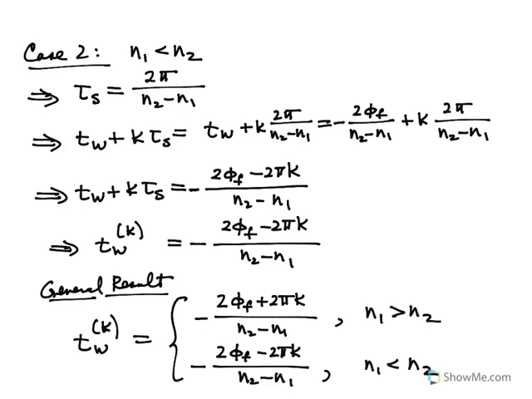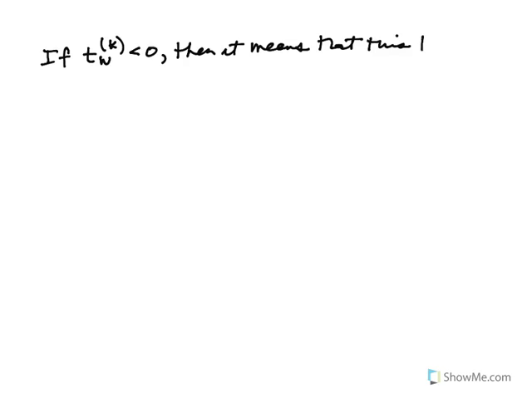And if it turns out that any of these values of t sub w k is less than 0, then it means that this wait time, this kth wait time, is in the past.